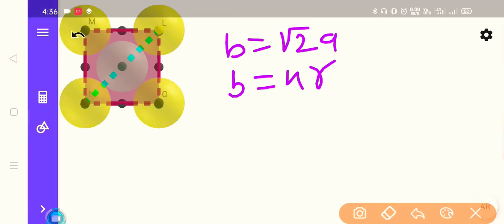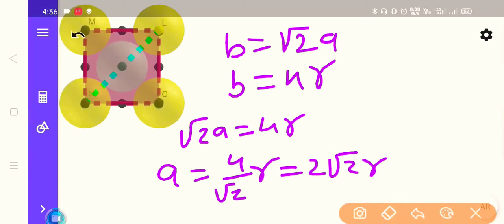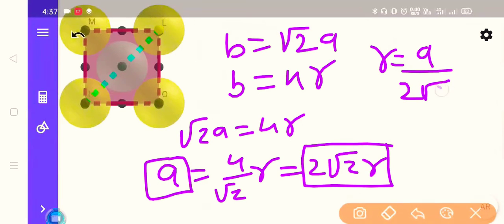So we can say that root 2 a is equal to 4r, or a is equal to 4 by root 2 r, that means 2 root 2 r. So this is the relationship between a and r. a is equal to 2 root 2 r for the given unit cell, or face centered unit cell, or we can say that r is equal to a upon 2 root 2.